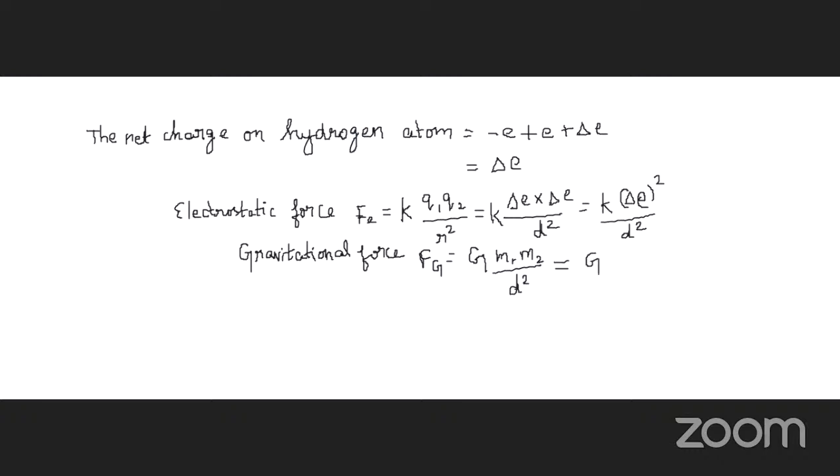M1 is the mass of one hydrogen atom, that has been mentioned as MH here, and the other mass is also another hydrogen atom. So MH into MH divided by D square. So this will be G into MH the whole square divided by D square. This is the gravitational force between the two hydrogen atoms.